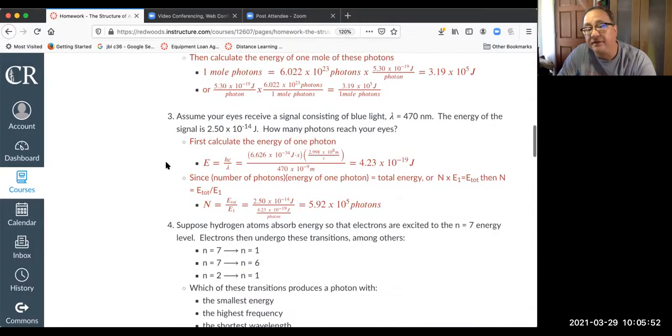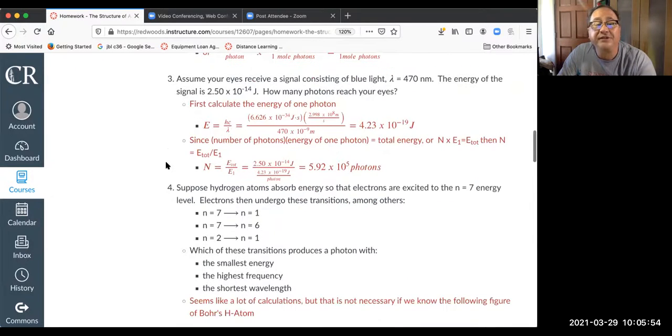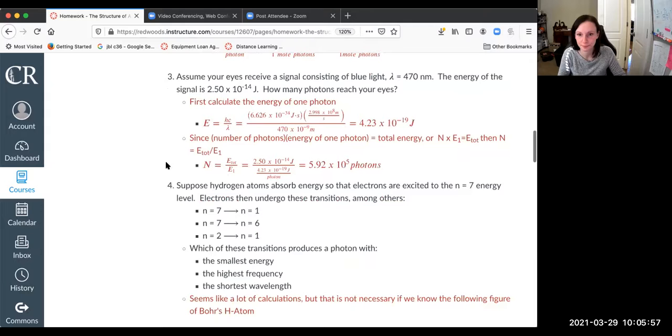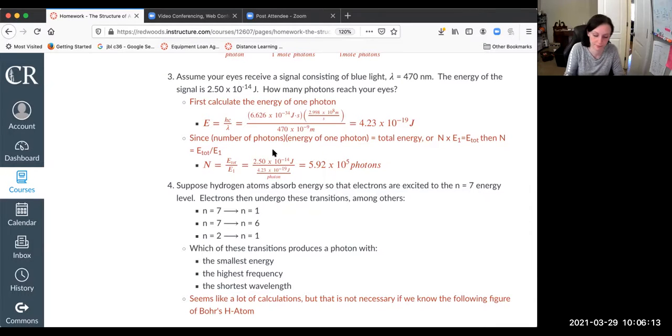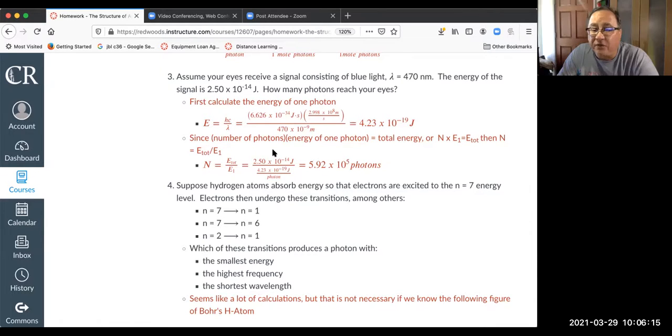Number 3, my apologies, how many photons? Okay. So if you take a look at that line there, and it's unfortunate that it's written this way, I wrote down, since the number of photons times the energy of one photon is equal to the total energy, n times E sub 1 is equal to E total, right?